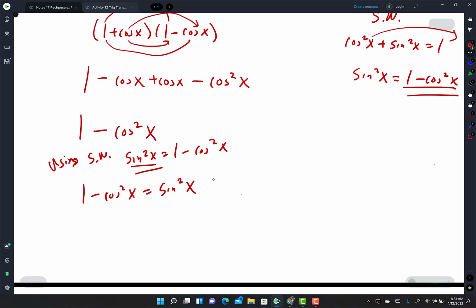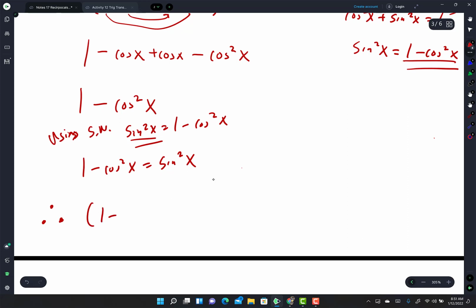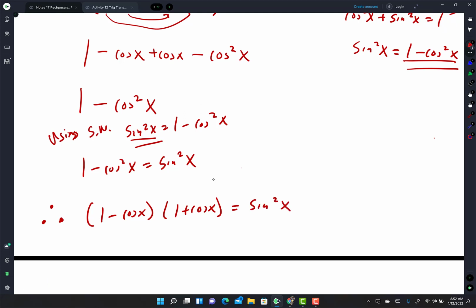You noted your side note. Using your side note, you're using that. And now I do what? 3 little dots and a triangle, and you just make your first statement true. You're going to say 1 minus cosine x, 1 plus cosine x does in fact equal sine squared. How are we feeling, guys?